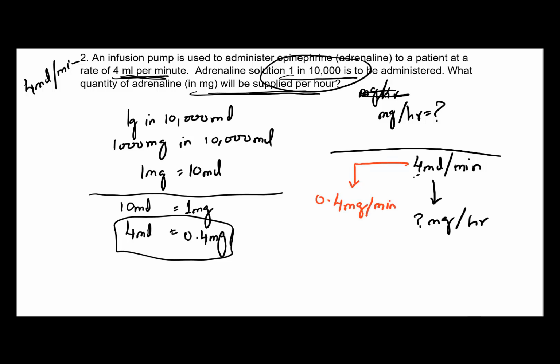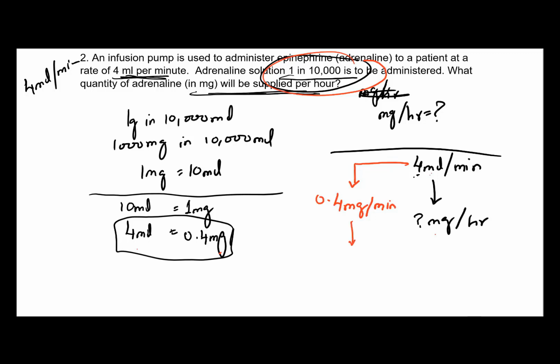Remember, I was trying to convert mils per minute into milligrams per hour, and because it's a two-step process, I converted milliliters into milligrams first using this information. So I know 4 mils would have 0.4 milligrams. So this will become 0.4 milligrams per minute. And what's the next step?